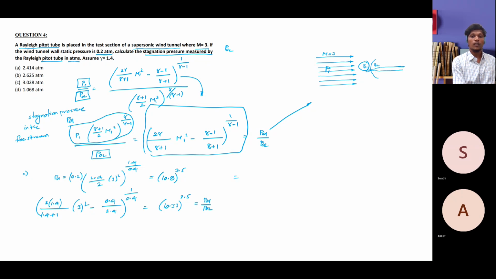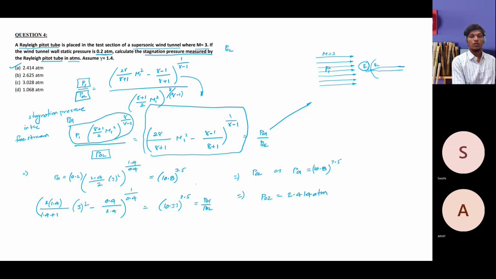Now the target is to find P02, as P01 equals 10.08 to the power 3.5. If you simplify this to find P02, you will get P02 equals 2.414 atmosphere.